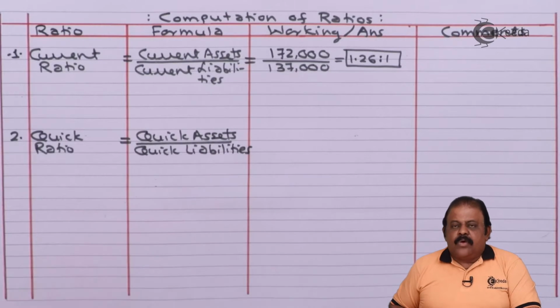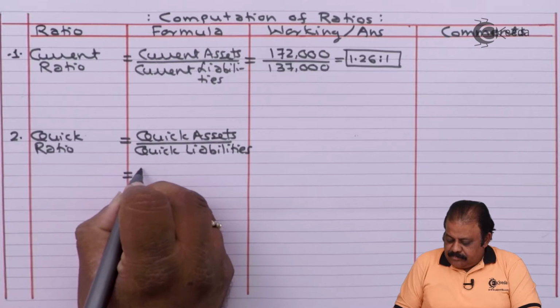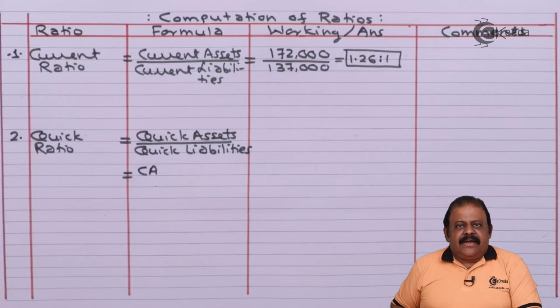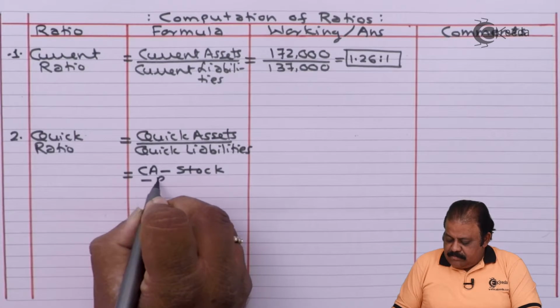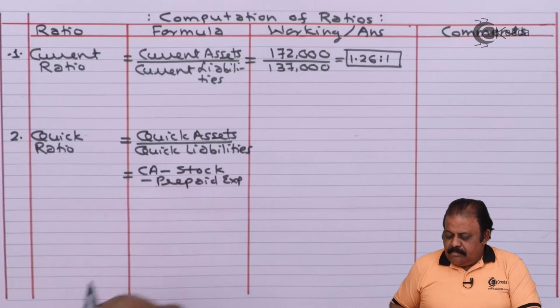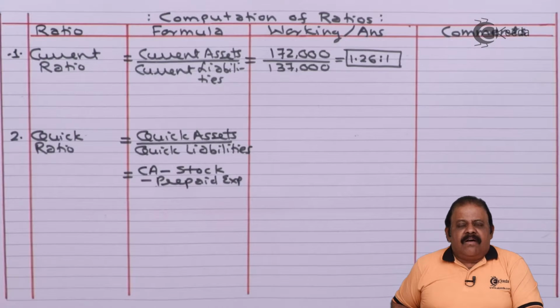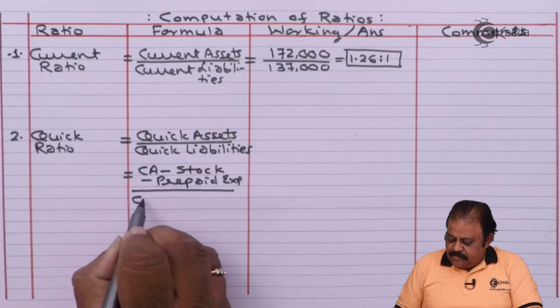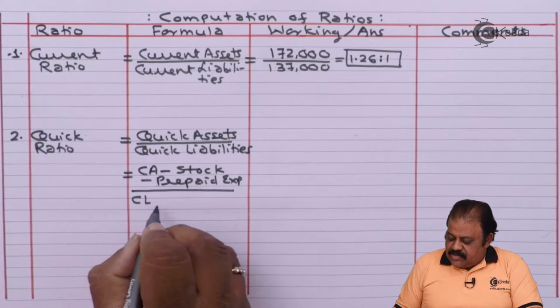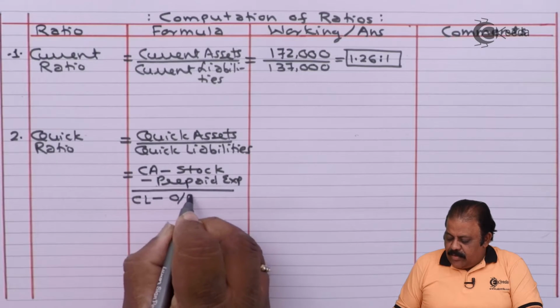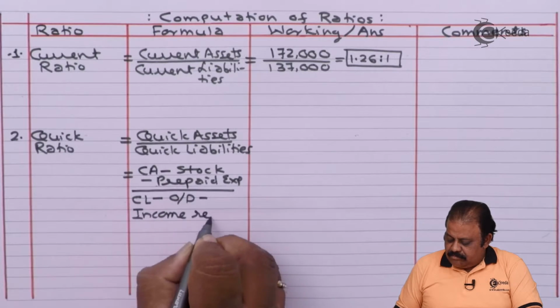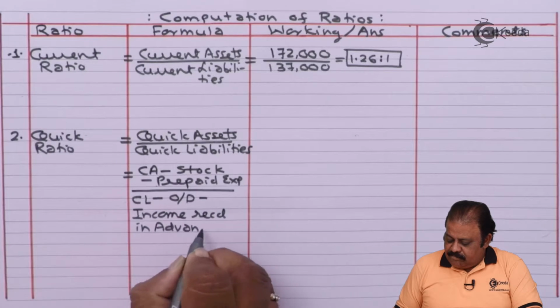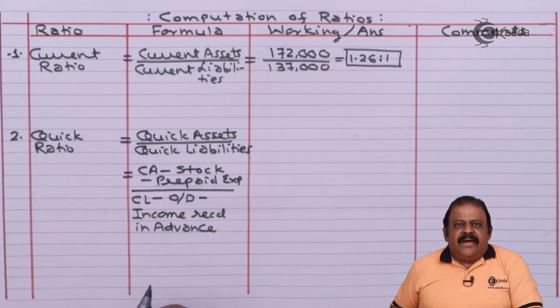Next we have quick ratio. Quick assets upon quick liabilities. Quick asset means current assets minus stock minus prepaid expenses or advances. Quick liabilities means total current liabilities minus bank overdraft minus income received in advance.